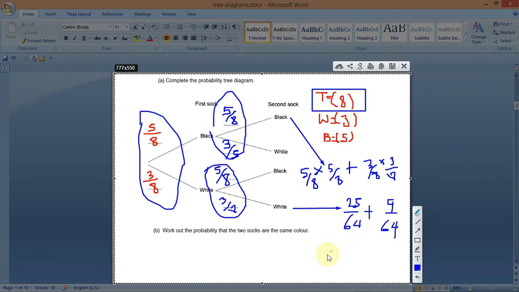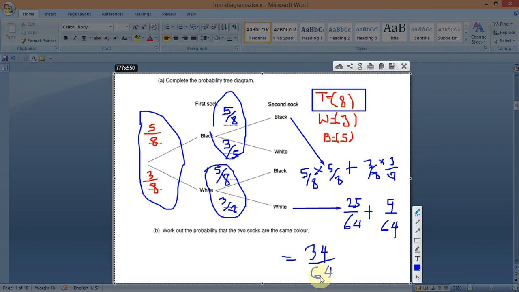If you sum 25 and 9, that is 34. So 34/64. What am I writing, guys? Sorry about that. 34/64. You can reduce it to lowest term, and that is good.